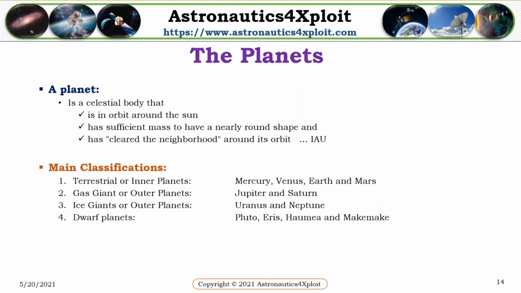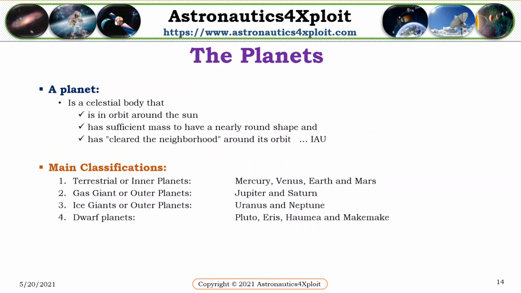The planets. According to IAU, a planet is a celestial body that is in orbit around the Sun, that has sufficient mass to have a nearly round shape and has cleared the neighborhood around its orbit.